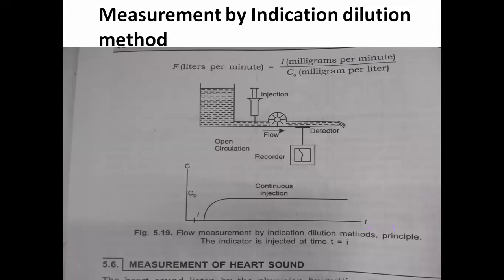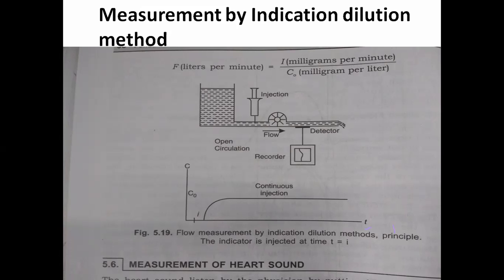It will be mixed with the blood, and due to that the concentration of the blood will change, and that change in concentration will be identified by the detector, and that is C naught.